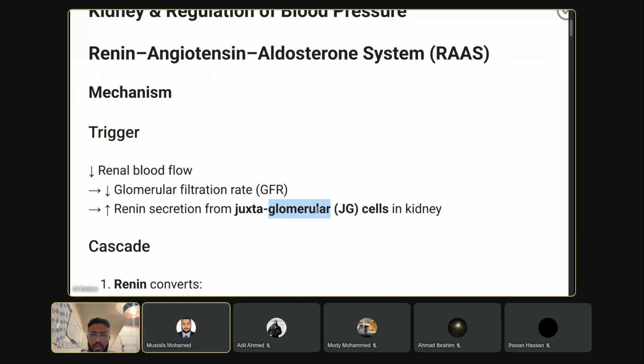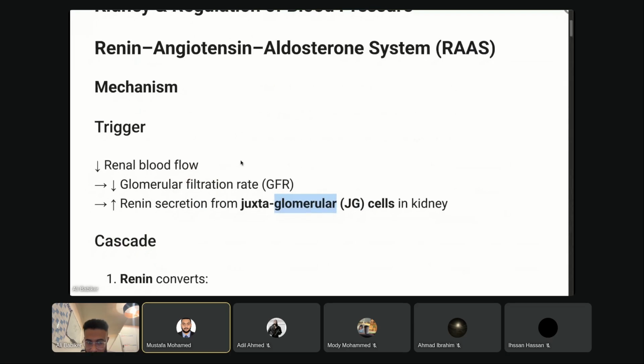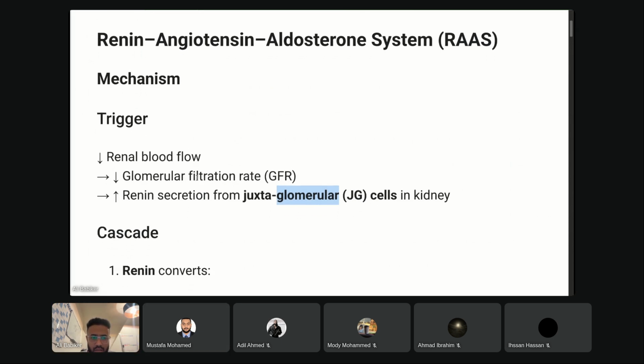Glomerular. Yes, Mustafa. The arrow that is before it, reduction in renal blood flow.